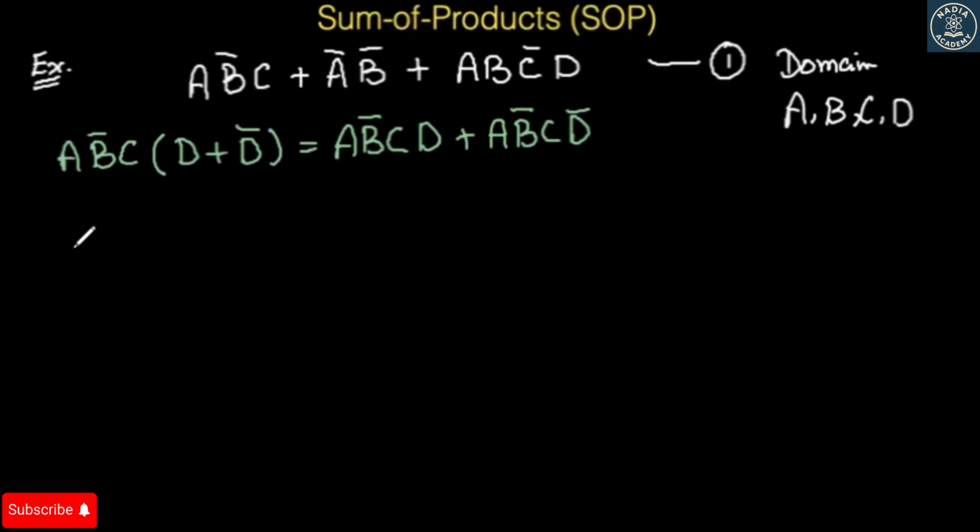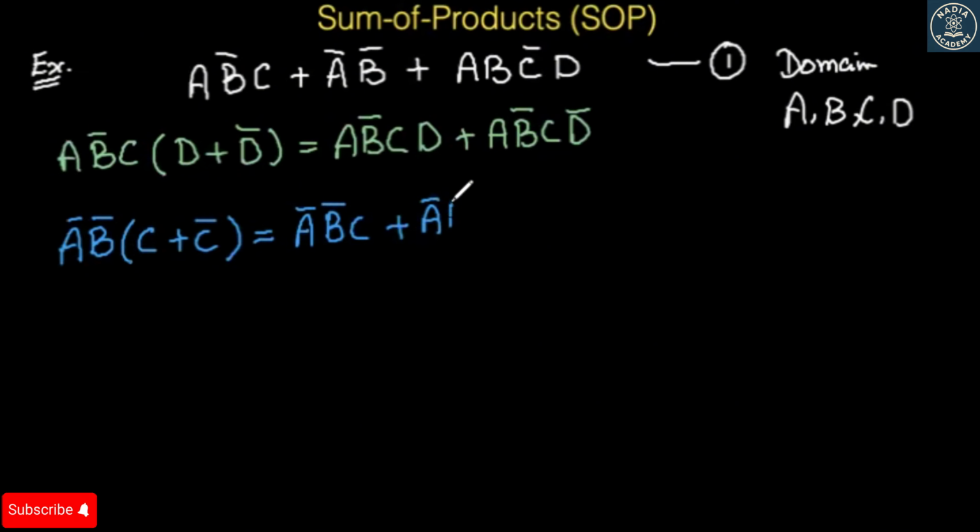Now we take the second one. This second one is A bar B bar. So first include the C term by multiplying it with C plus C bar. What will be the result? A bar B bar C plus A bar B bar C bar.